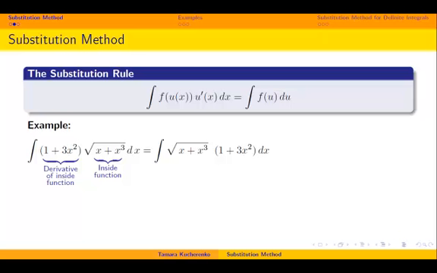Now u is x plus x cubed and du is 1 plus 3x squared dx. After the change of variables, we obtain the integral of square root of u du.